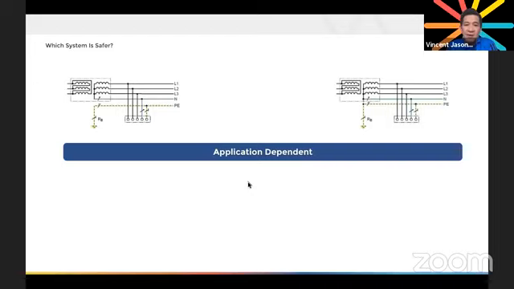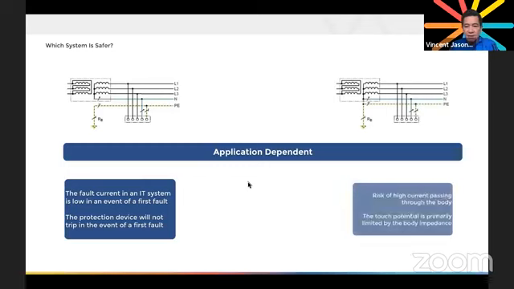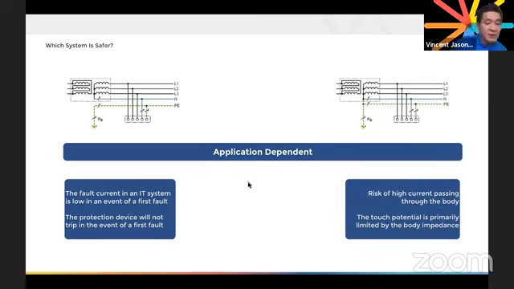And those standards are actually pointing to an ungrounded system in operating theaters and critical areas, monitored by some form of insulation monitor or line isolation monitor, and it will be using an isolation transformer as well. Just to add, the fault current in an IT system is low in an event of first fault. The protection device will not trip in the event of first fault. Not unless the fault is symmetrical, then that's the time it would usually come to a fault.